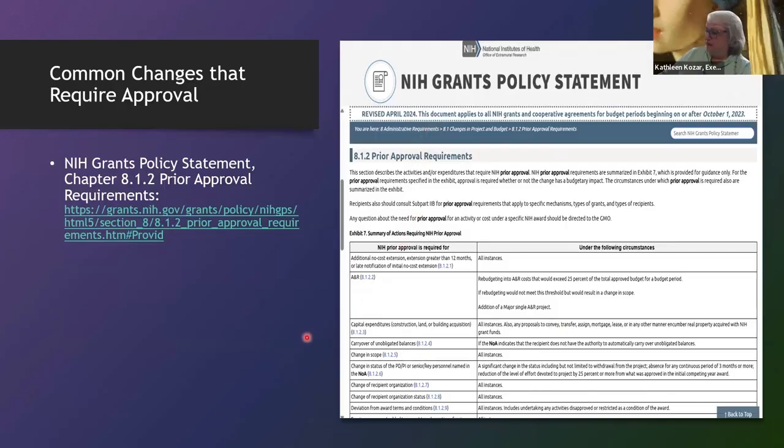Every sponsor, like the National Science Foundation and the National Institutes of Health, is going to have a lot of good information about the approvals that they need to see and the approvals that they don't need to see. Again, you're going to be watching this because this could be changing on a daily basis in the current environment that we are working under.